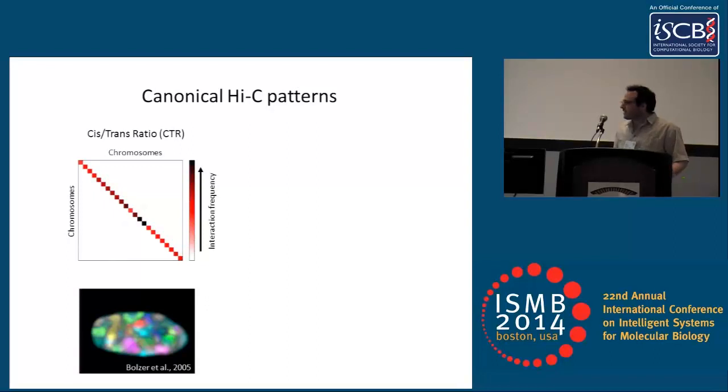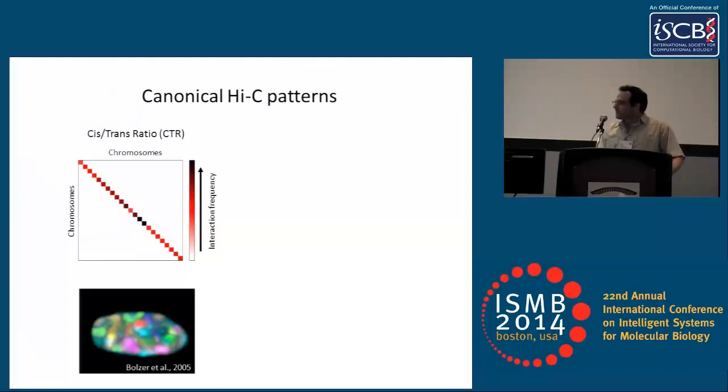One is, if we look at the whole genome, we see these blocks. We also saw it in the previous slide. Essentially, every chromosome tends to interact much more frequently with itself than with other chromosomes. Okay? And this is probably due to a well-known phenomenon called chromosome territories, in which even in interphase you see that chromosomes are in their own volume in the nucleus.